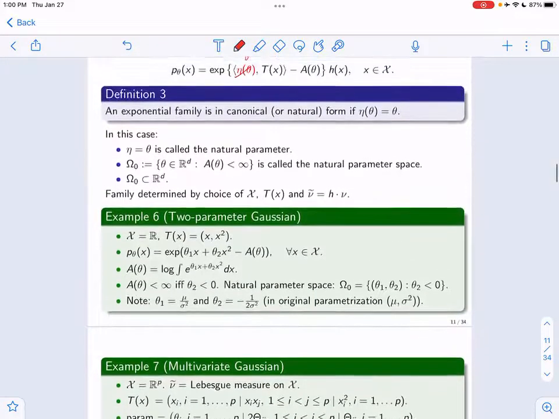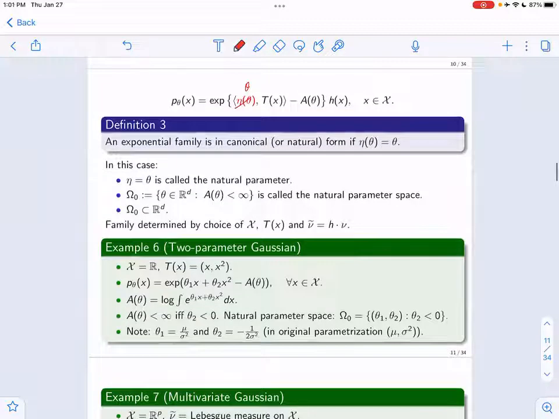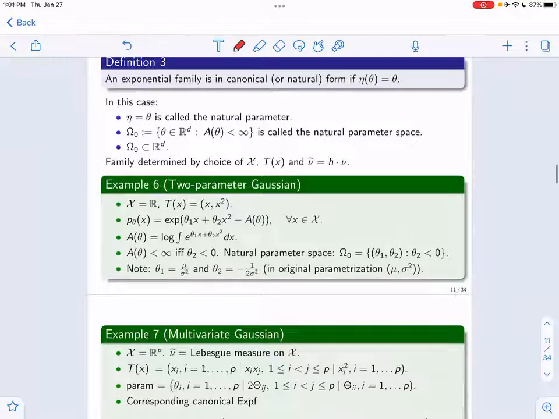Then one of our choices, which was to pick eta, is gone. We are only left with T of x, h of x, and the underlying measure. If you absorb h of x into nu, we basically have nu, T of x, and the choice of the sample space.